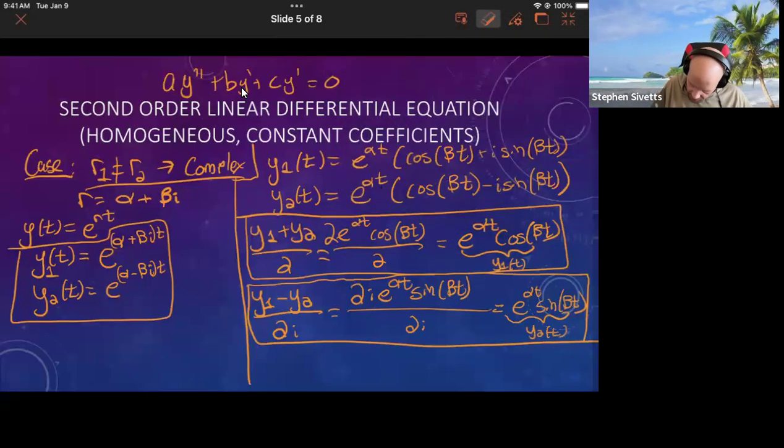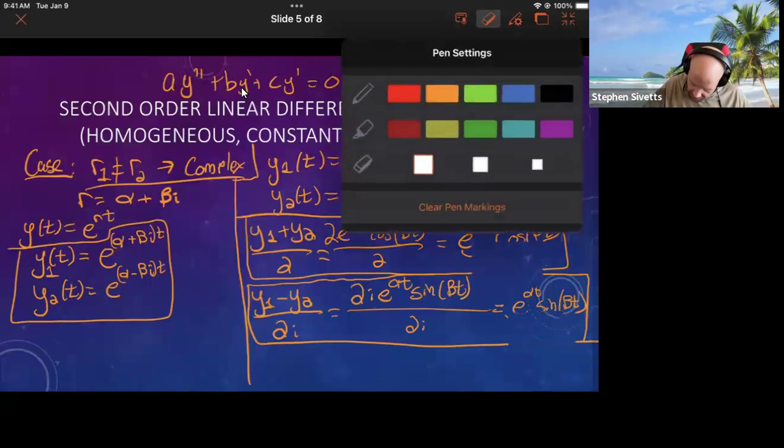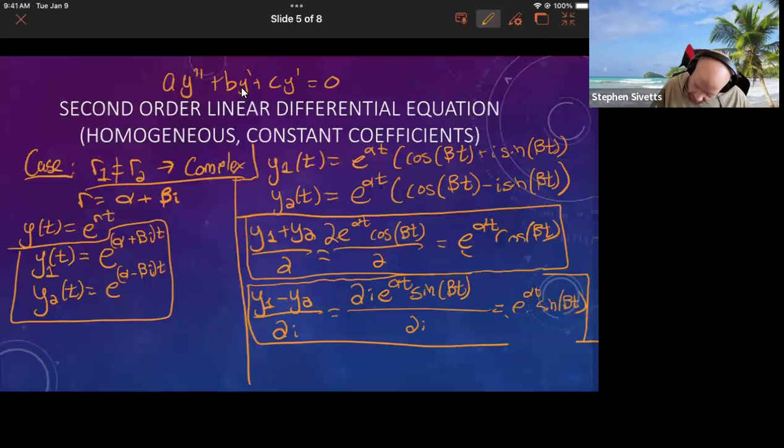Let me emphasize this a little more clearly. The cosine one is the capital Y1 of t. This is sine, that's capital Y2 of t.